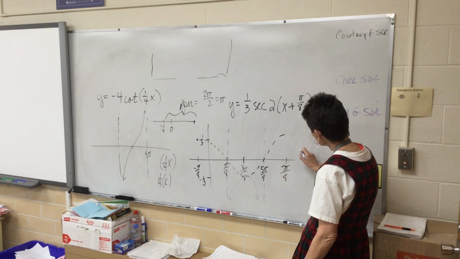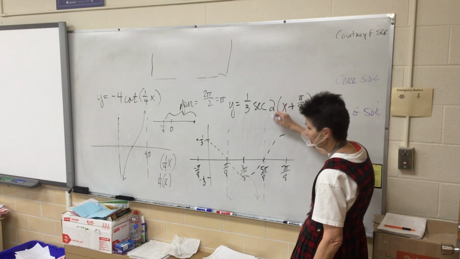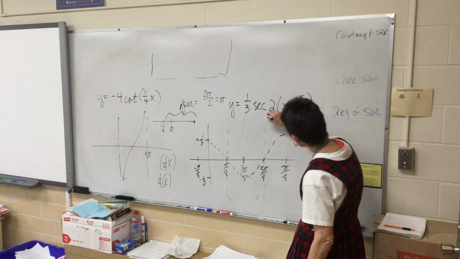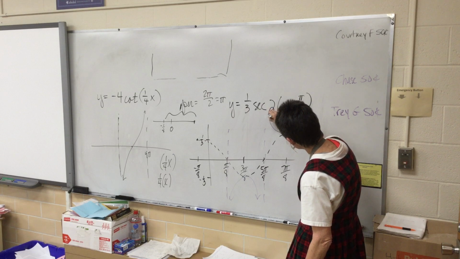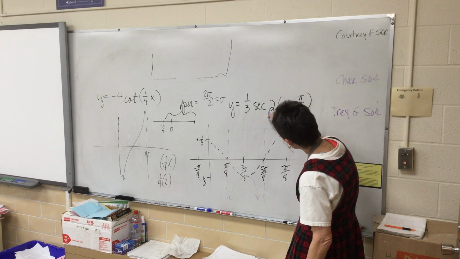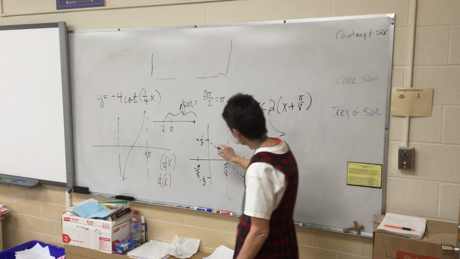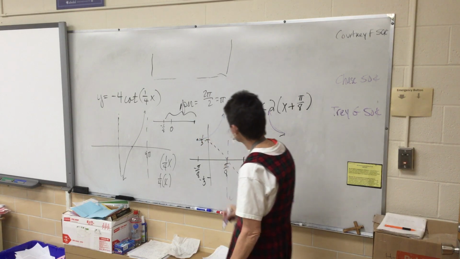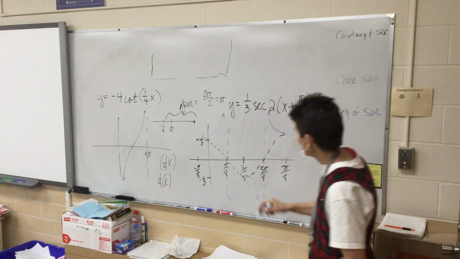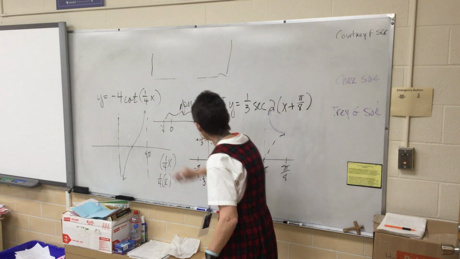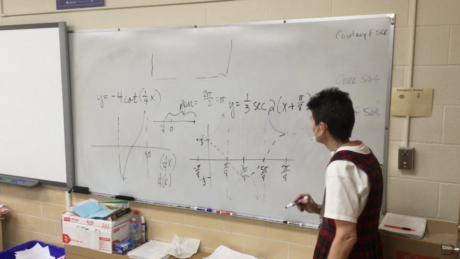Now remember, this keeps going, so you can see a parabola here, but technically you're only drawing the first part of it. And similarly over here, you're only drawing this part of it. The whole thing is there, so if you want to draw the whole thing, you certainly can.